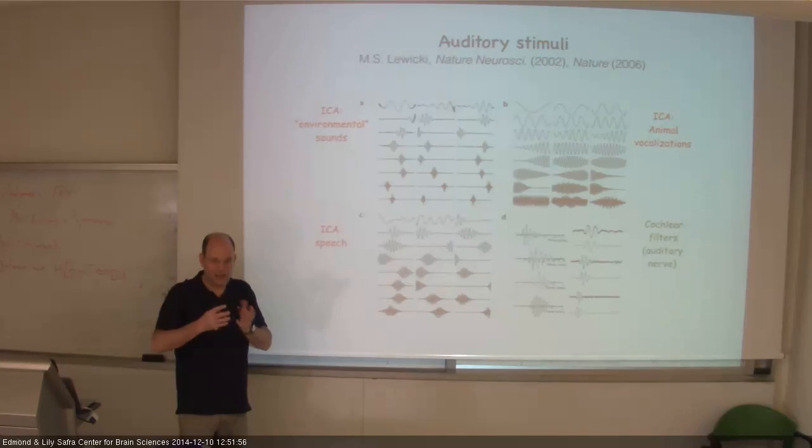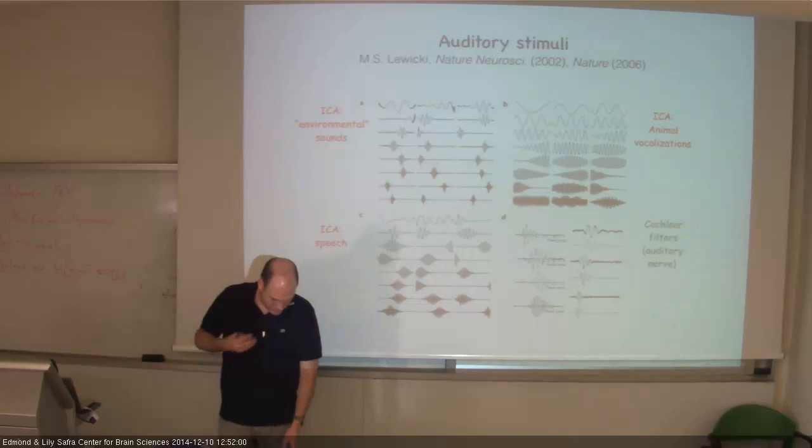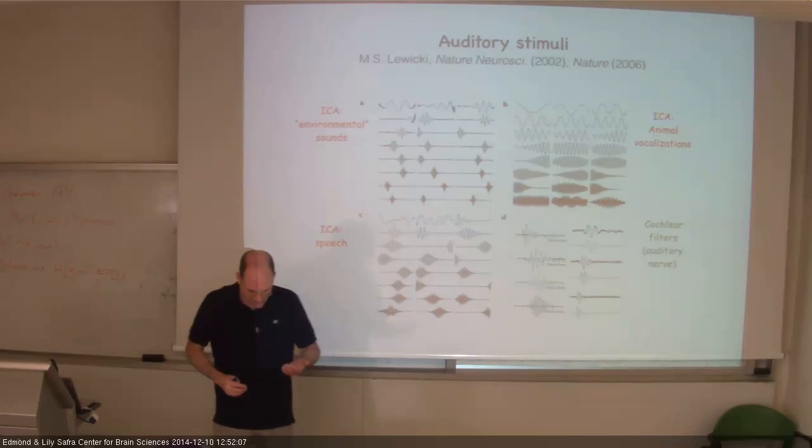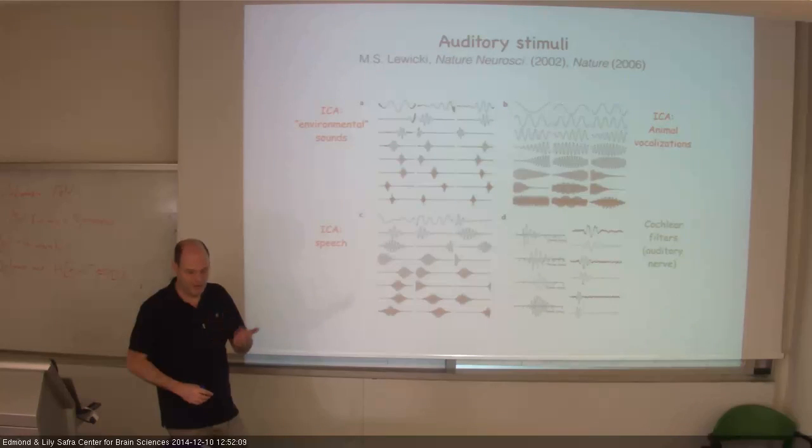So it's really a linear transformation, mixing the different sources. It makes sense that in olfaction, the brain would apply something like independent component analysis, but the answer, whether this is true or not, is much more elusive than in the other senses, in auditory and vision.